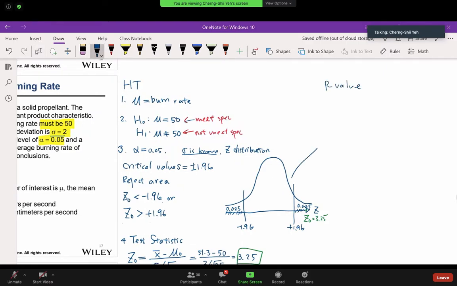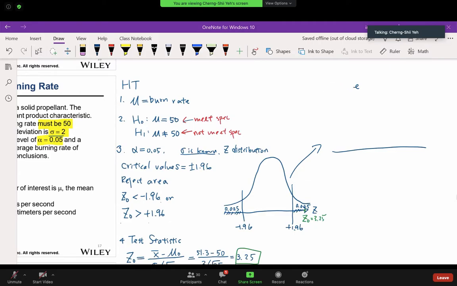I'm going to resketch this part and only focus on our test statistic, because p-value, sorry about my messy handwriting, is calculated based on your test statistic.